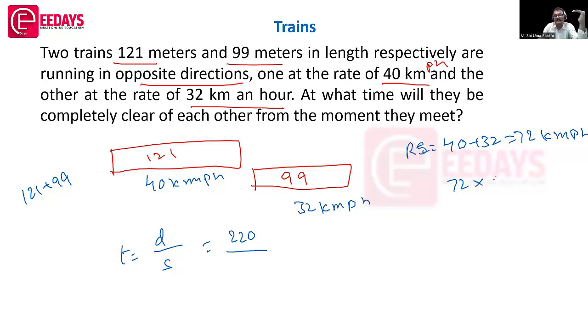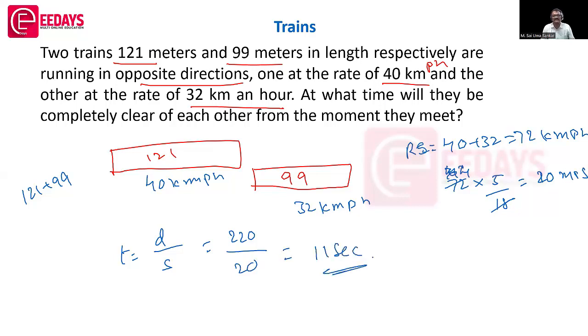How to convert? Multiply this number with 5/18. So that is equal to 20 meters per second. So what is the time? That is equal to 11 seconds, which is the required answer.